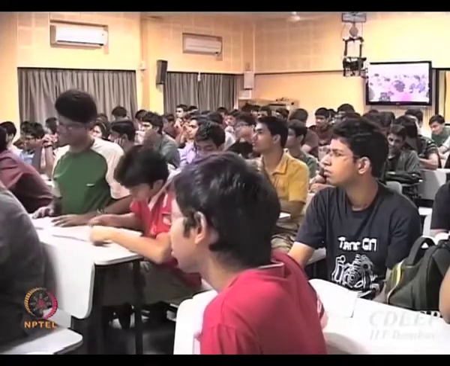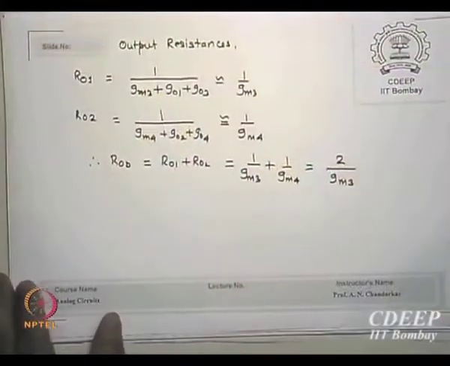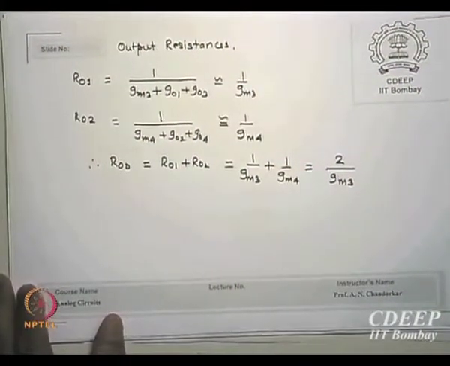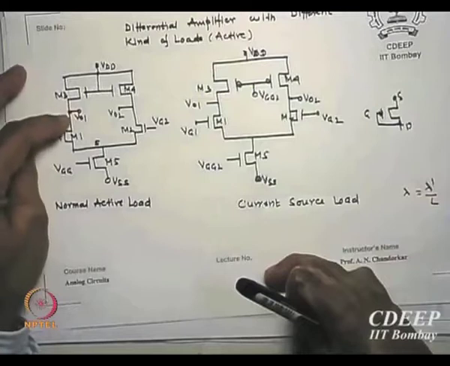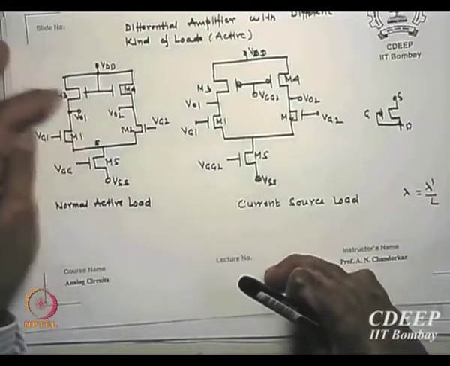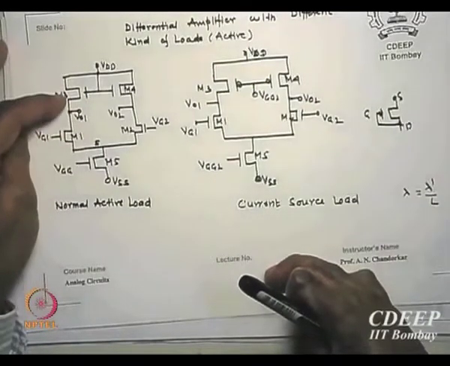So having shown you the gains, the output resistance, how much is the output resistance of a diff amp? How much is RO1? It is GM3 plus GO1 plus GO3. Please remember, how do I look at RO1? At this end, how many resistances will I see? RO of this plus 1 upon GM of this.